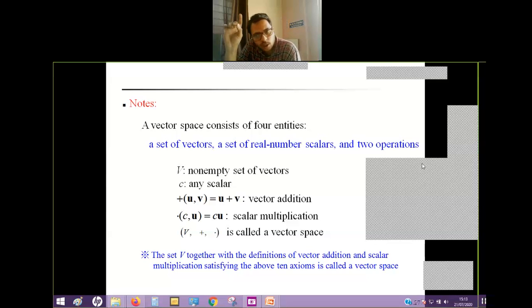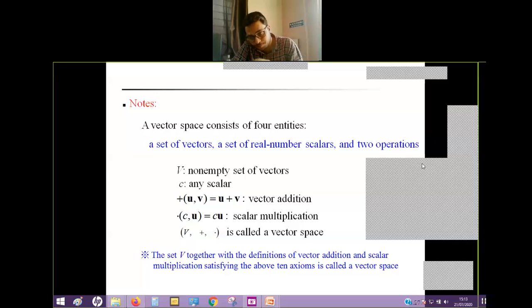If nine axioms are getting satisfied out of 10 and only one axiom is not getting satisfied, then also we will say that the given space is not a vector space. Please remember this point.